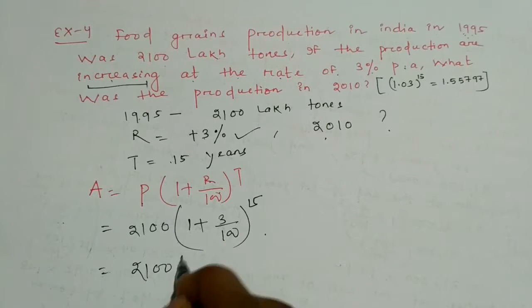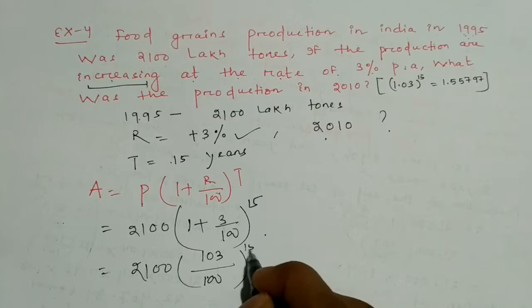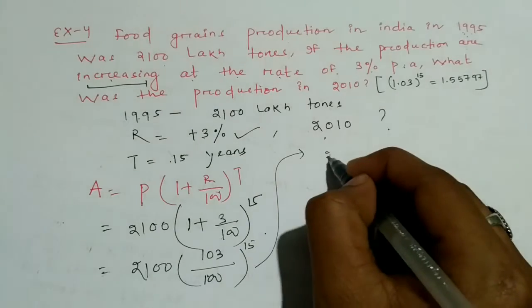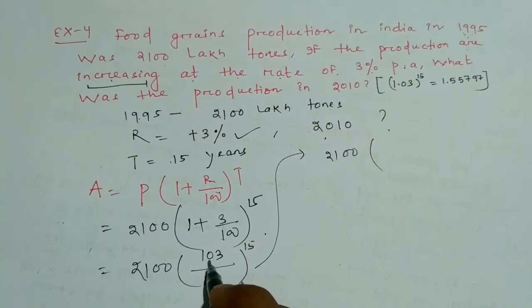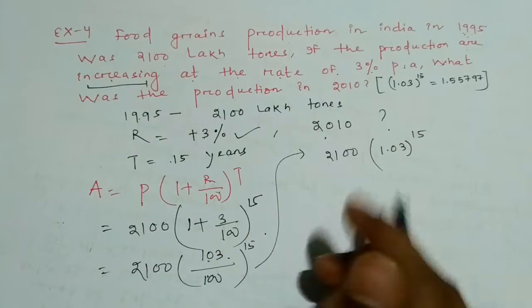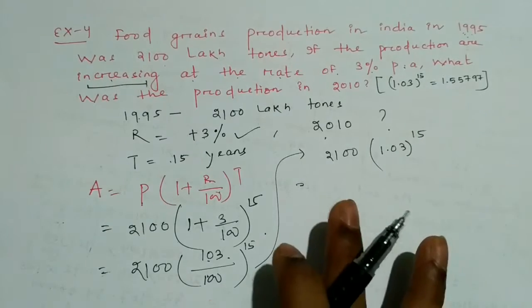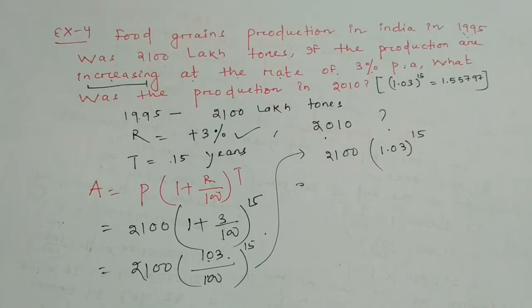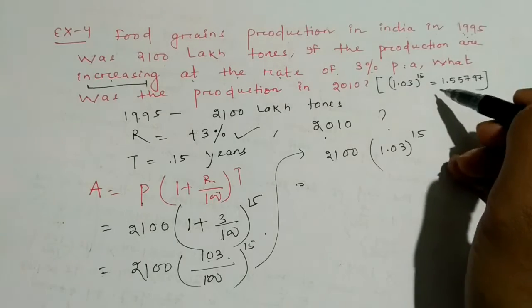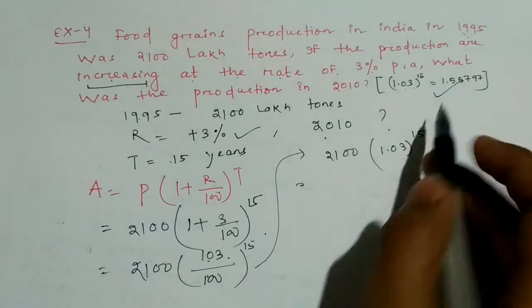So 2100. So 100 will be the LCM. So 100 plus 3, this will be 103 to the power 15. So it will be 2100 times 103 divided by 100, which means 1.03 to the power 15. So friends, calculating 1.03 to the power 15 is quite difficult. So here it is also given that 1.03 to the power 15 is this much.